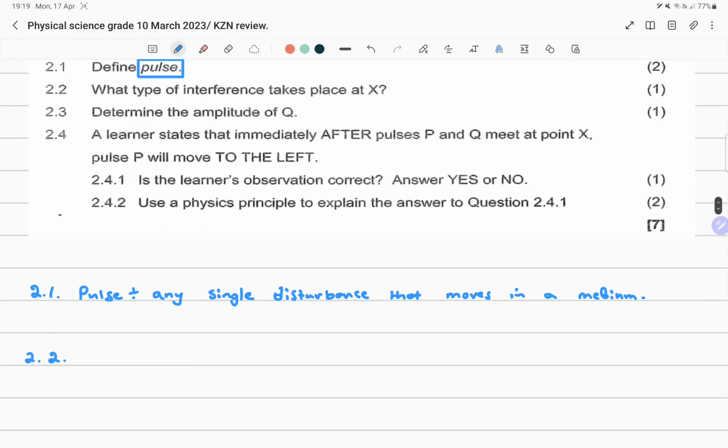Since here we did a subtraction because they're in different directions, it is essentially what is called a destructive interference.